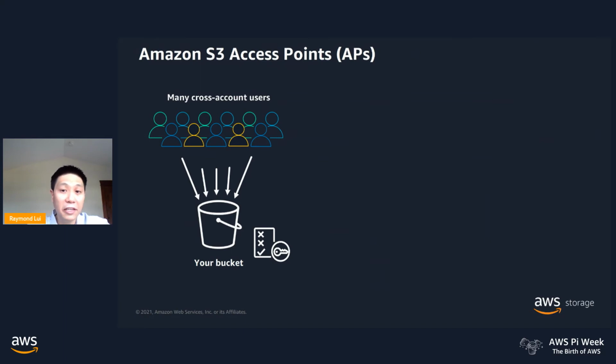Now, as your bucket evolves and becomes a central location for storing shared datasets, your bucket policy can become more complex. You will probably take more time to audit and manage it. Amazon S3 Access Points are a feature that helps you simplify access management for shared datasets.